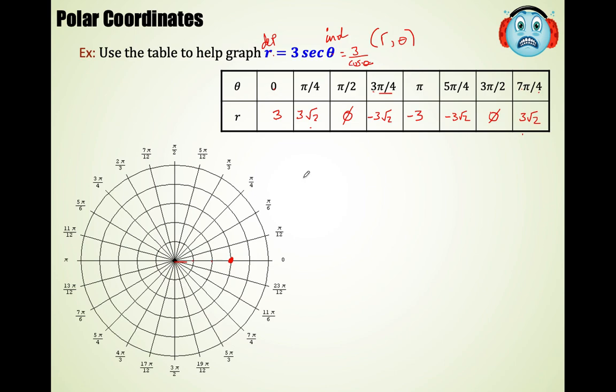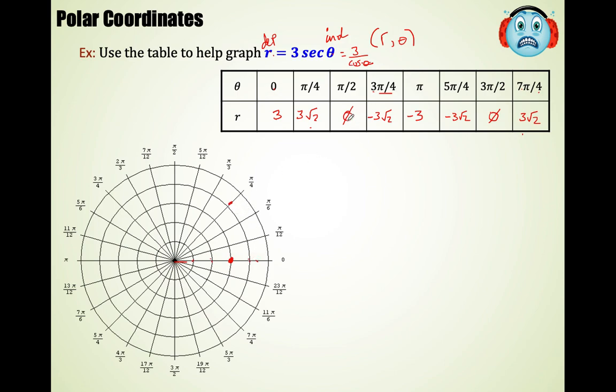I don't know why I'm trying to read my small notes. Right, if you type 3 square root of 2, you get 4.2. So I'm going out to a radius of 4.2. 1, 2, 3, 4, and a little bit. And I'm rotating to pi over 4.